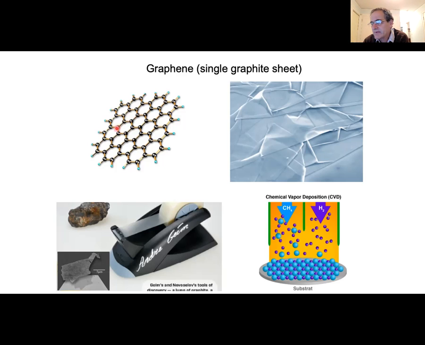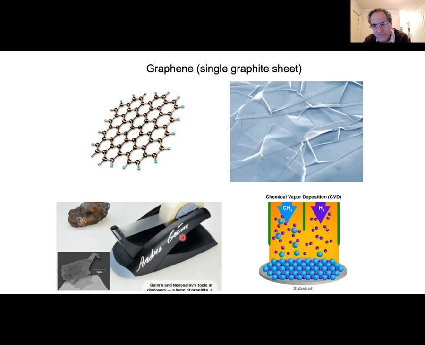So we have sp2 hybrid orbital bonding, covalent bonding in the sheets, but the sheets are only bound one to another in graphite by weak van der Waals bonds. And because they're weak, one can take a piece of crystalline graphite and actually cleave it, pull it apart by the simple technique of taking a piece of tape, sticking it to the surface and peeling it off, okay?